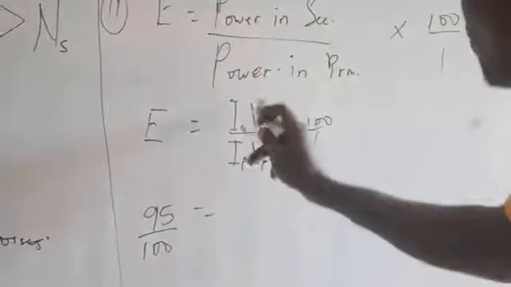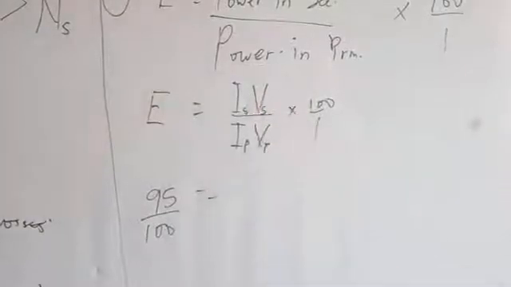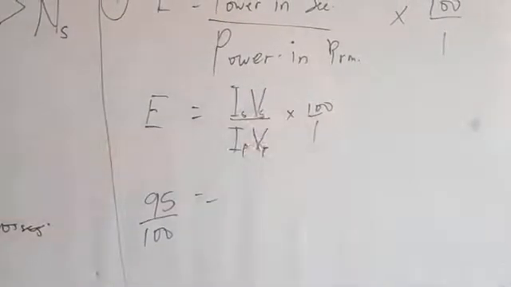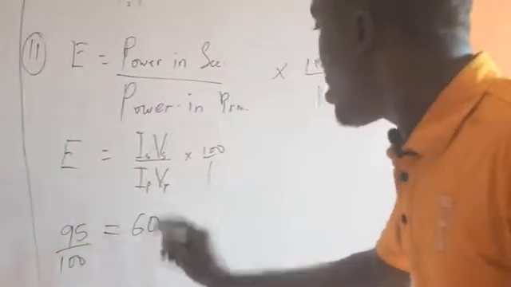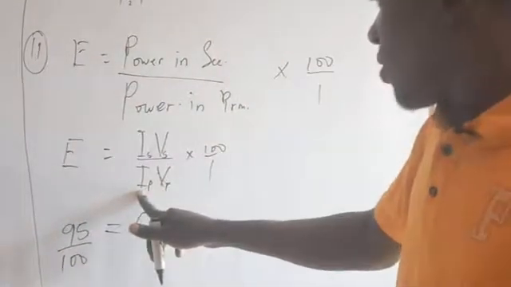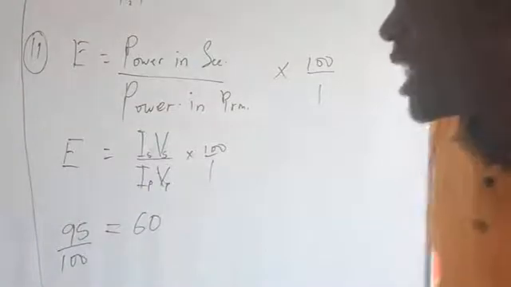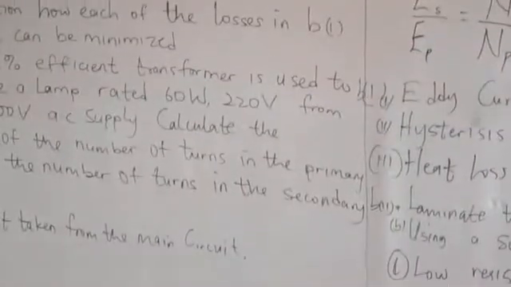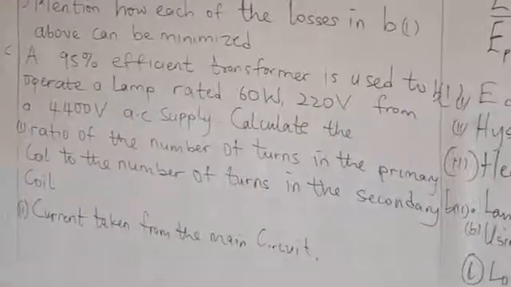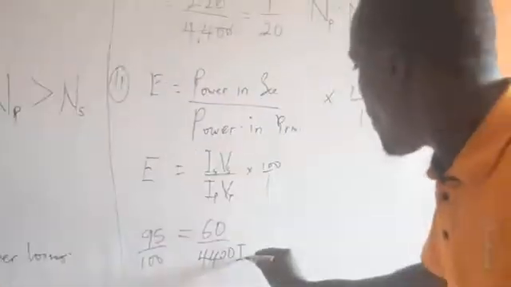So you replace this IV with 60, because current times voltage will give what? Power. So you have 60 all over the current you are looking for multiplied by the voltage in the primary. Now the voltage in the primary was 4,400 multiplied by the current you are looking for.